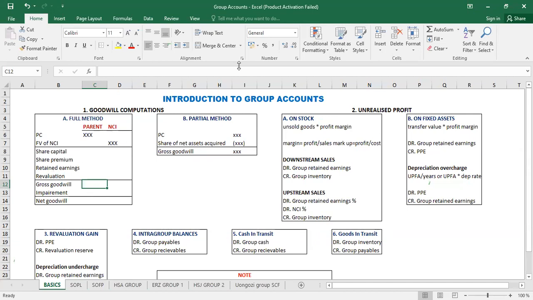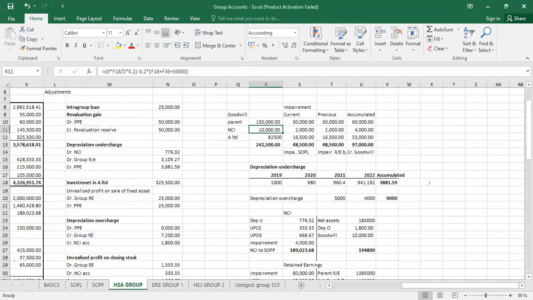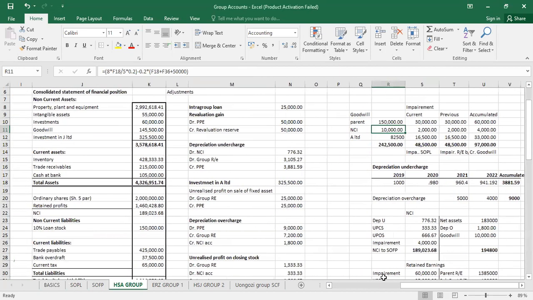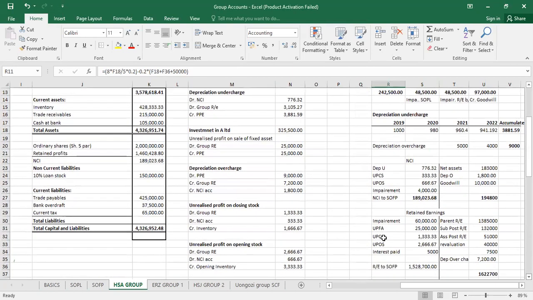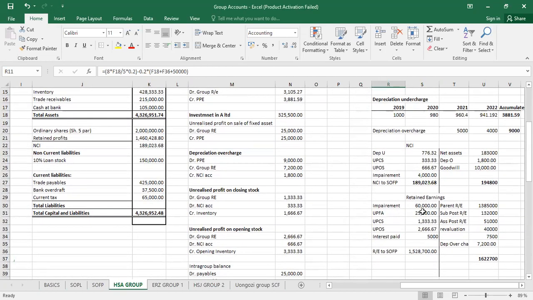I think it's done that way. Is it balancing itself already, or is it still not? It's still not. So this is the value that is taken to retained earnings, isn't it?